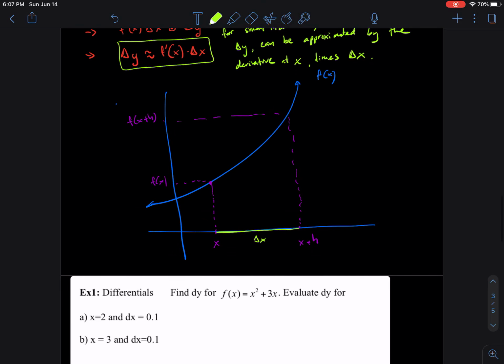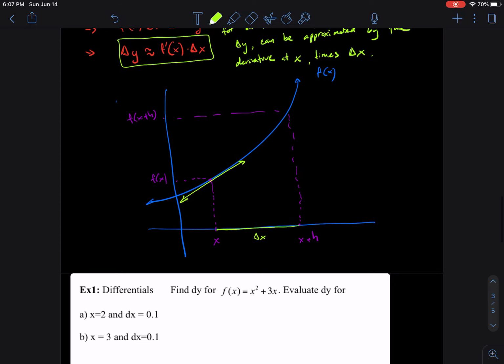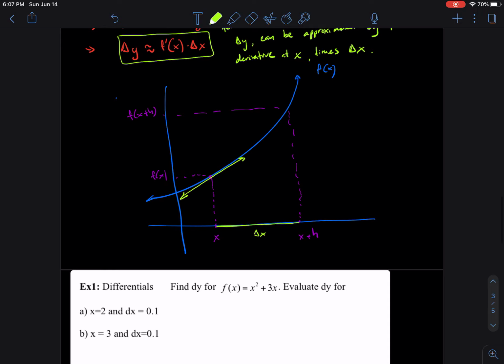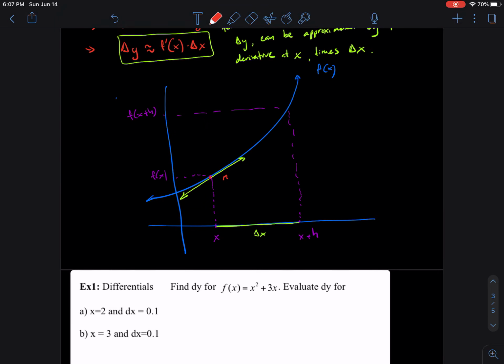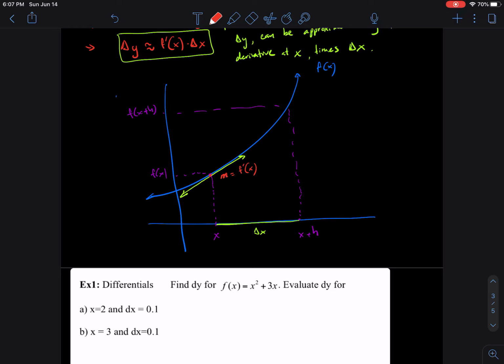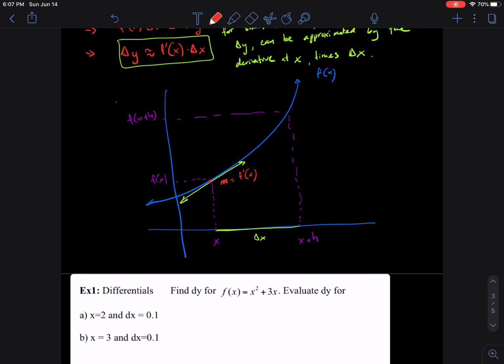This tangent line here, the slope of this tangent line, that slope is going to be f prime of x. So we say m is f prime of x at that point, when you evaluate the slope of the tangent line. So we're saying that dy is this change in y.